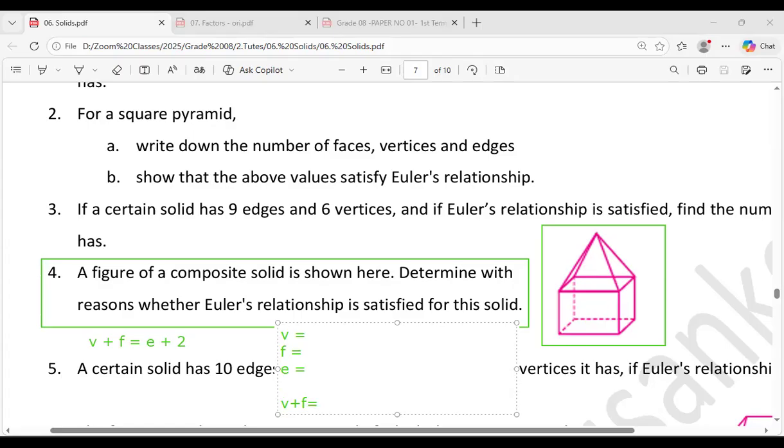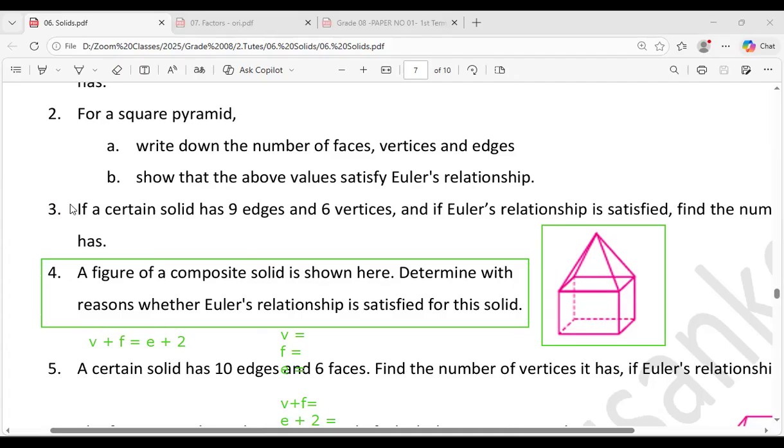Then you have to find E plus 2. Then you need to compare whether these two are equal. Then say V plus F equals this, E plus 2 equals this. So this is satisfied or not satisfied. First of all, write the Euler's relationship like this.